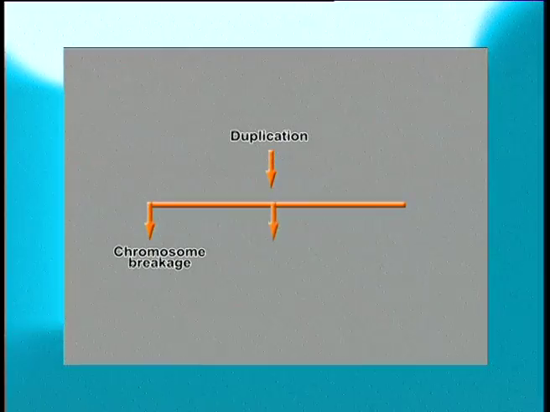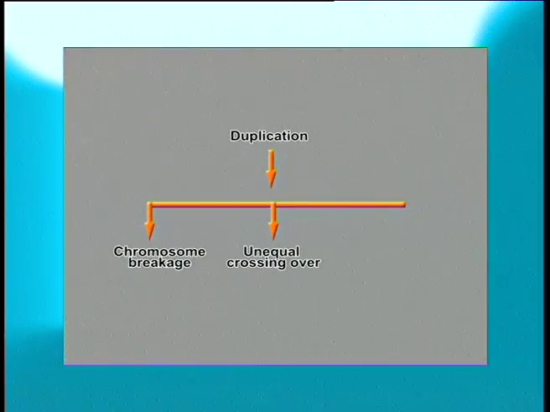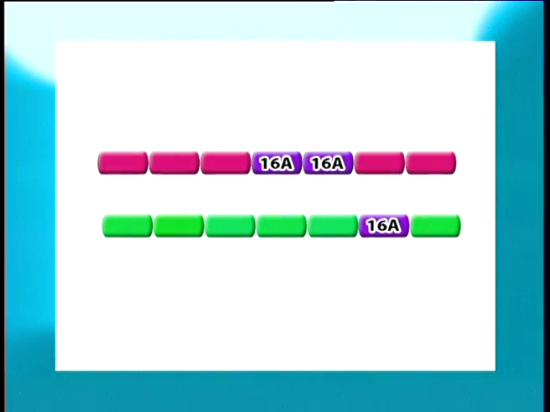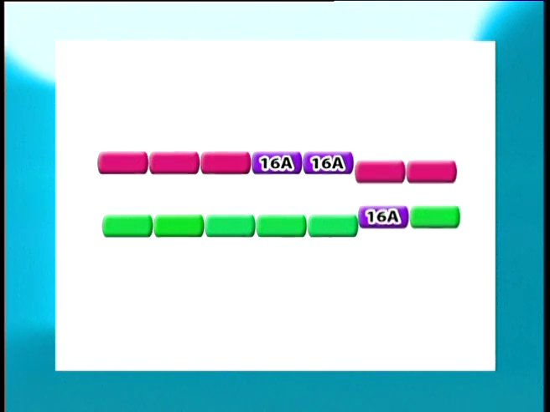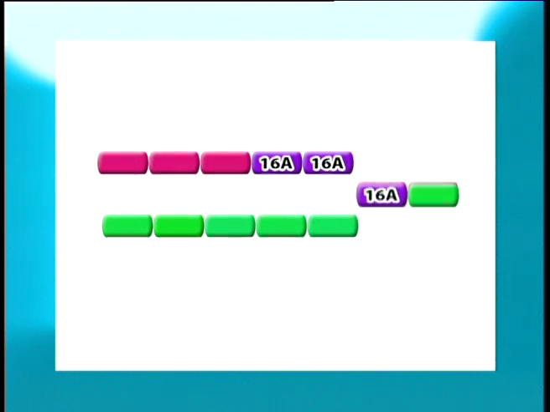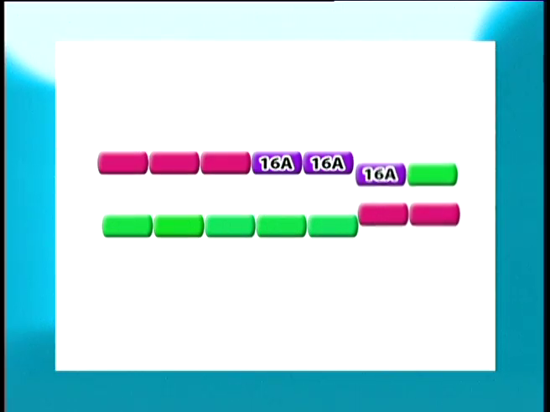Duplications may also arise due to unequal crossing over between synapsed chromosomes during meiosis. For example, tandem duplication of the chromosome region called 16A of the X chromosome in Drosophila.